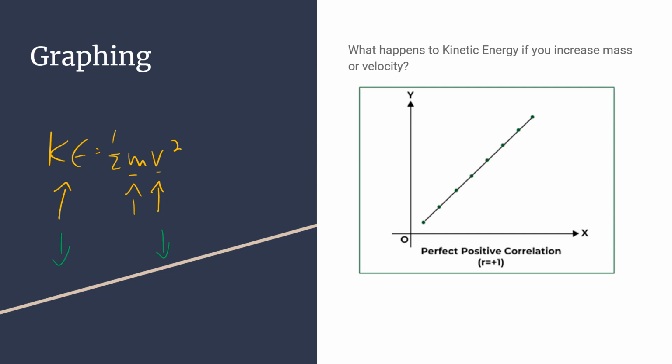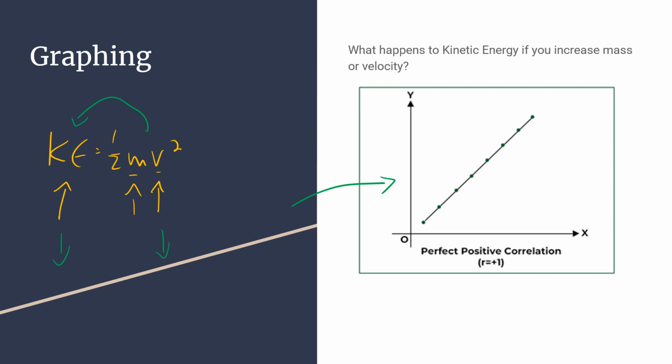Understand that this is something that you can show in a graph right here. We call that a positive correlation because as you increase one of the variables, the other one increases. So the kinetic energy, you can say that's the responding variable, and the mass and velocity are independent. So if you increase one of these values, as a result, you're going to increase the kinetic energy.